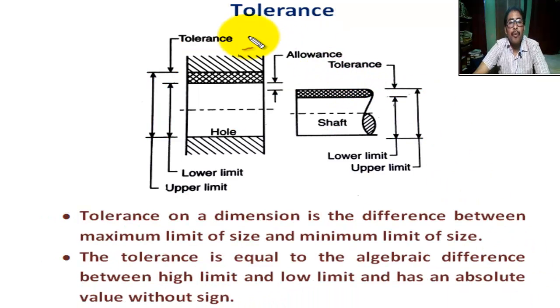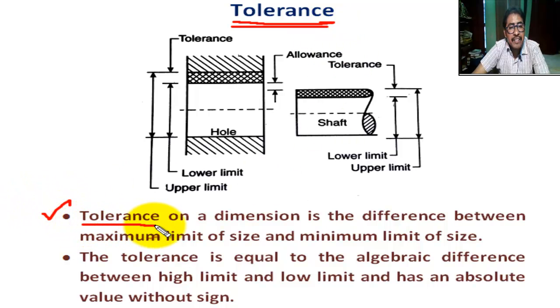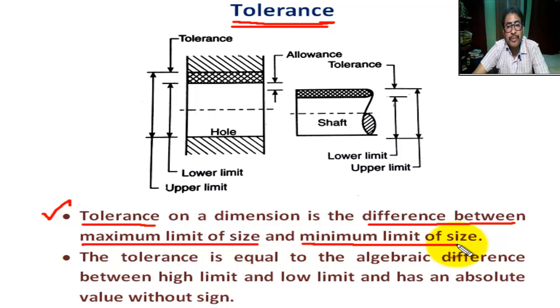Now, what is tolerance? Tolerance on a dimension is the difference between maximum limit of size and minimum limit of size.